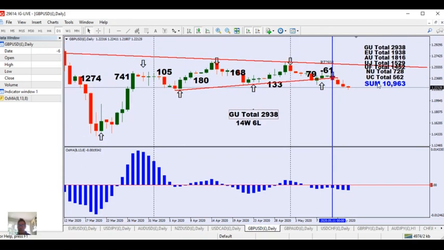Yeah, so we've got a grand total of 10,963 points across all those currency pairs. So we've got GBP, EUR, Aussie, Jappy, Swiss franc, New Zealand dollar, and Canada. And we've got a total of 10,963.